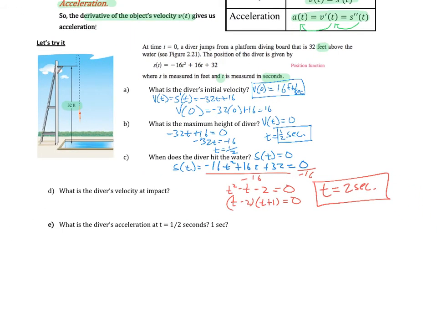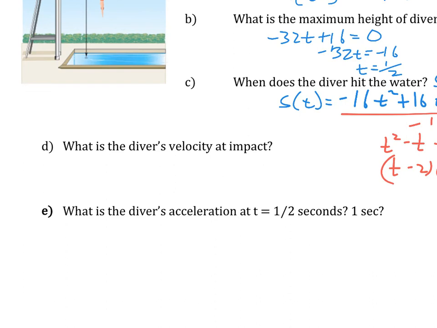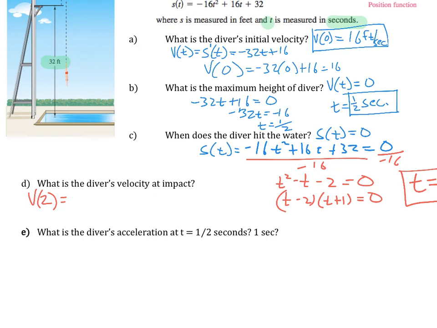All right? Well, what's the velocity at that 2 seconds? Well, velocity is our v of t, or in this case, v of 2. So we found out when he hits the water, so what's the velocity there? Let's use our velocity function that we have up here, negative 32t plus 16. So we have negative 32 times 2 plus 16.